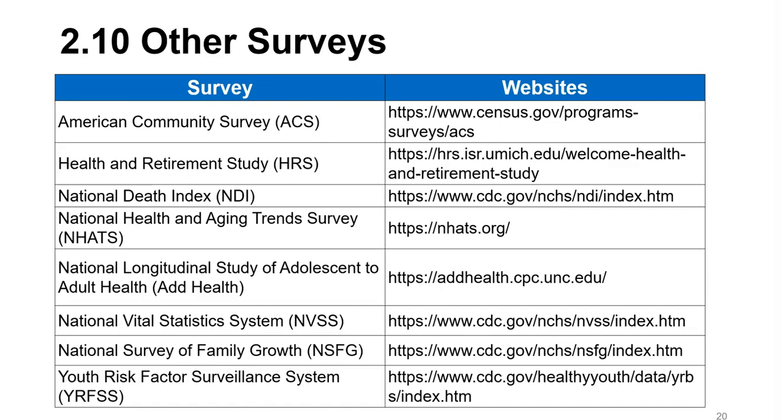Section 2.10, Other Surveys. The surveys that I have presented in this textbook are not comprehensive. There are several other nationally representative surveys that I have listed here that you can review on your own time.